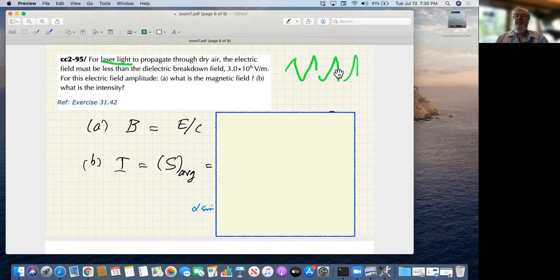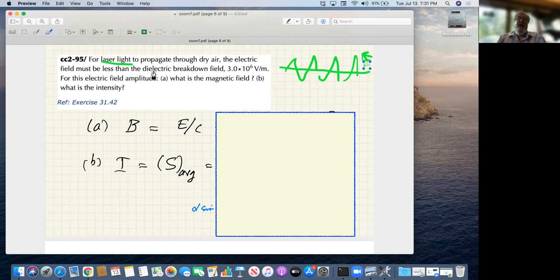So this maximum value, E max, will have to be less than 3 times 10 to the 6 volts per meter for the wave to propagate through the air. Otherwise, there's sparking.